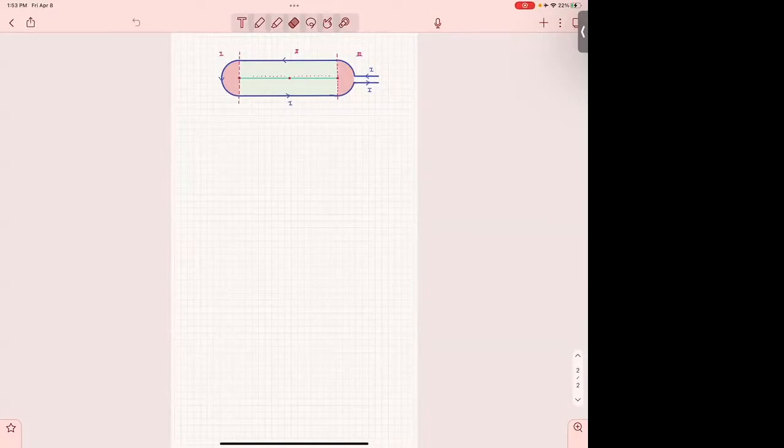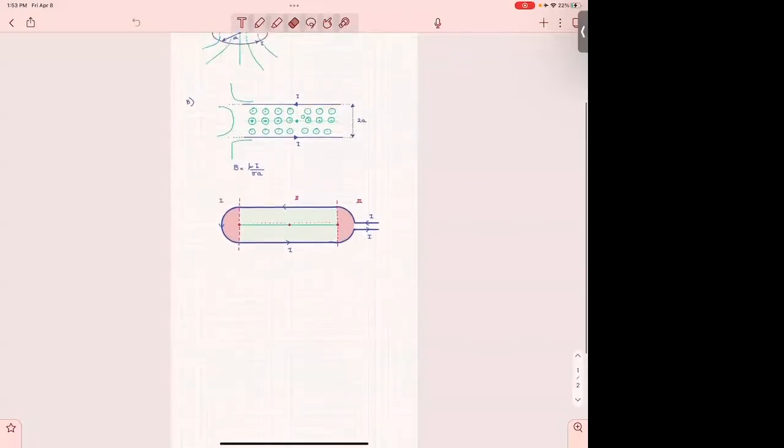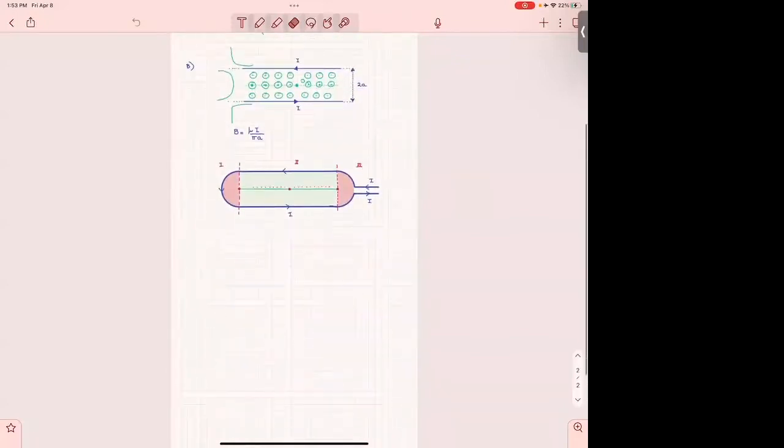And as we have discussed, when you try to find the inductance, just to remind you of things that we have seen, you remember what we said?